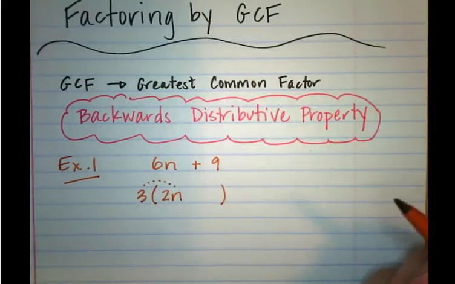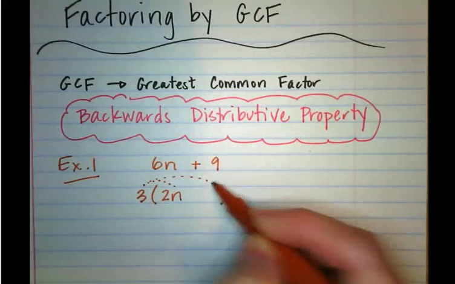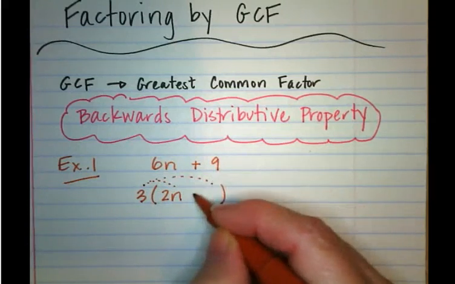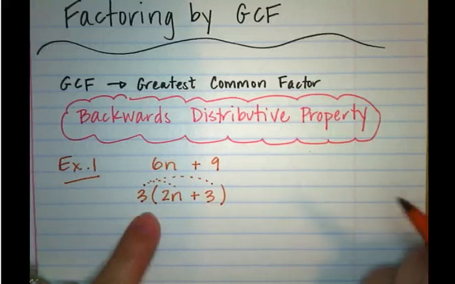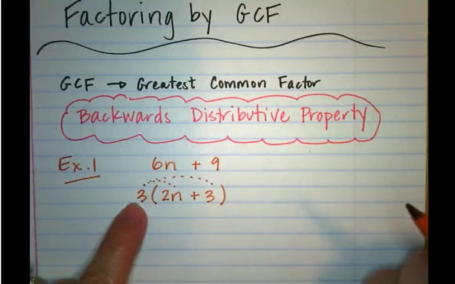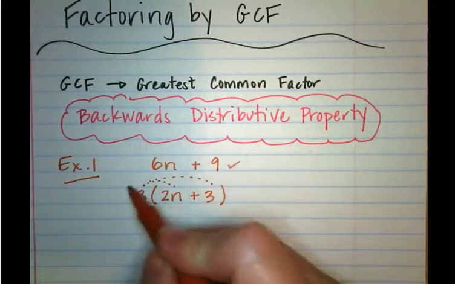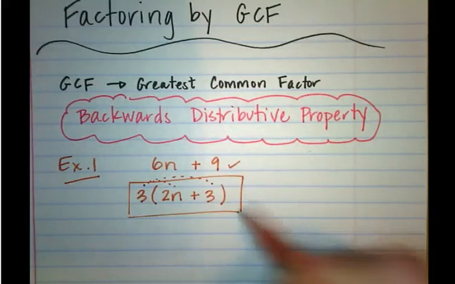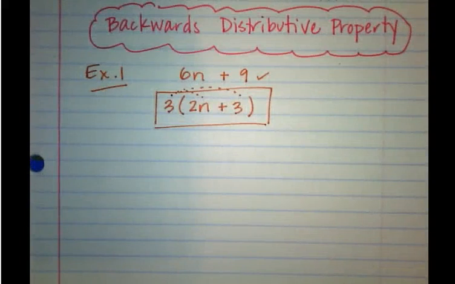So I would need to multiply by 2n, and then what would be left over here in order to get a 9 would be a plus 3. So the way to check is if I distribute this 3, I would get 6n plus 9. So that's it. So that would be the answer. So it's actually pretty simple, not too complicated.